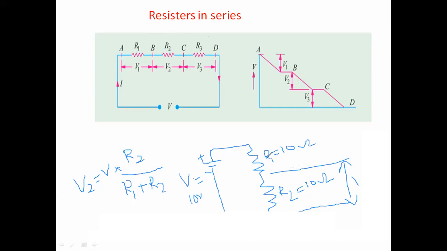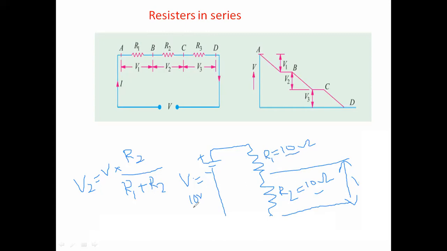Suppose we have connected equal resistors. Suppose we have two resistors R1 and R2 with resistance values of 10 ohms and 10 ohms. Then the voltage drop across these two is equal.